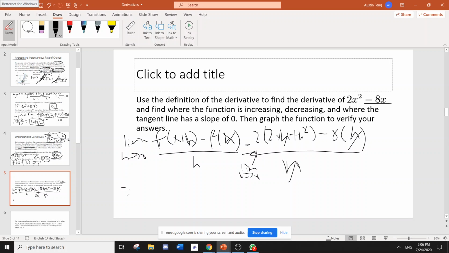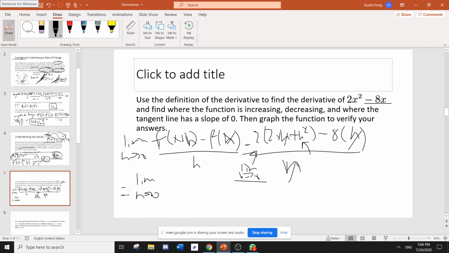Make sure you put the limit for all the parts that still involve a limit. Like, I still have an h term here, so I need to remember to keep the limit as h goes to 0 in the equation.